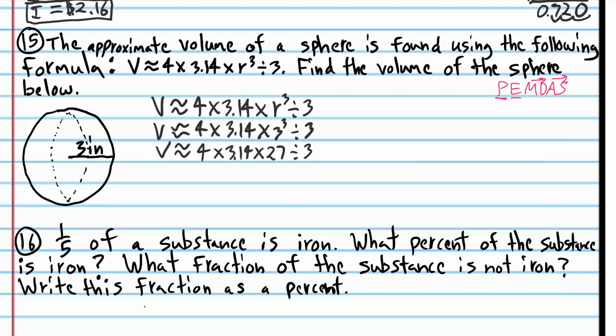All right, then PEMDAS tells us when we have multiplication and division, we move left to right. So we're going to do 4 times 3.14 first, and we get 12.56. Then we're going to do 12.56 times 27 next.